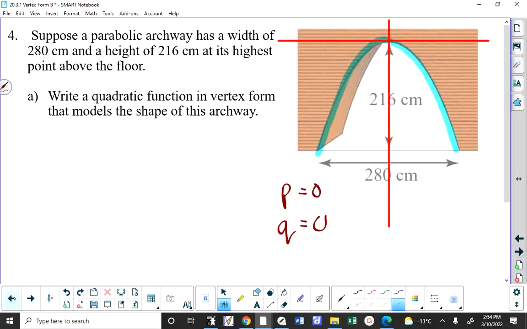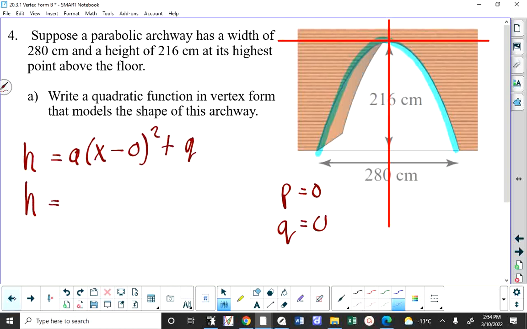If you do it this way, and I think we're going to do it this way, let's write this down. You can put your axes on the diagram now. You're going to have h equals a times x minus p quantity squared plus q. You're just going to get this. This is why I think this is a better move.